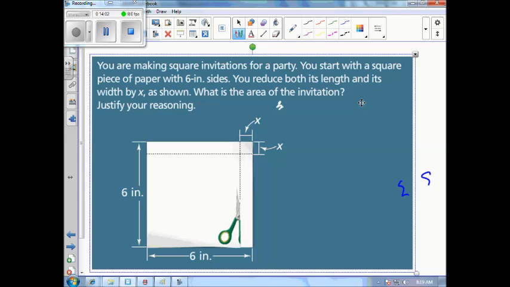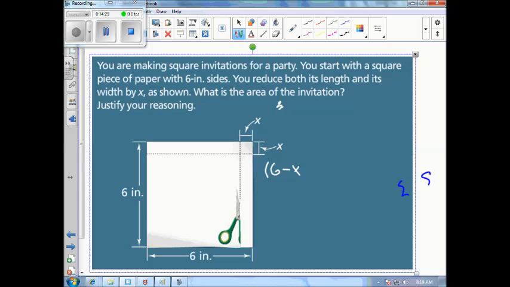Okay, everyone listen up, please. Mara will explain. Alright, so first we just realized that to find the area you times length by width, but since you're subtracting x, it's 6 minus x times 6 minus x. And re-explain, how do you get 6 minus x?